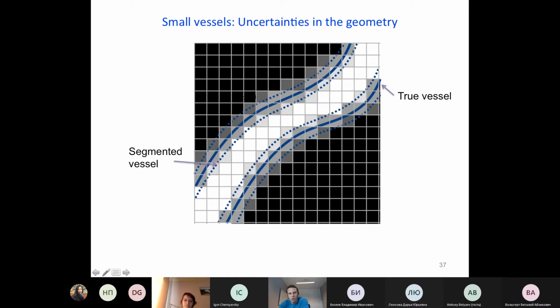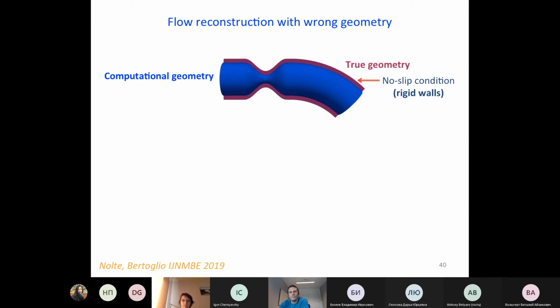And of course, the smaller the vessel, or the larger the voxel with respect to the vessel size, the larger the error you will make in this process. So what's the idea? If we have an error, so we don't know where the true geometry is, which is here in pink, we only have some segmented geometries, which will be the computational geometry.